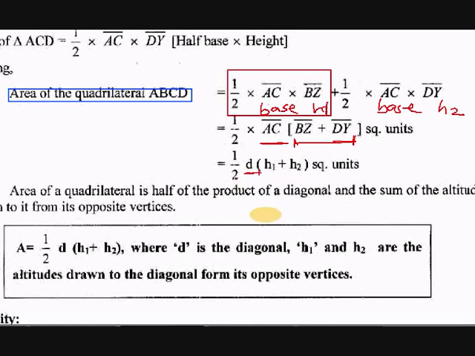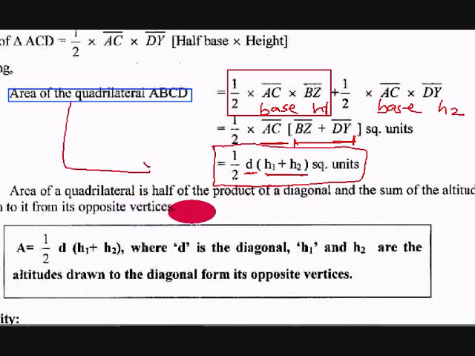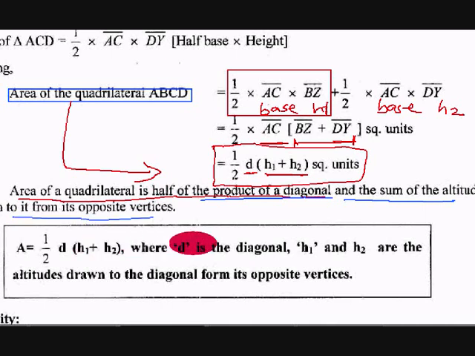D is the length of the base, H1 plus H2 is the two heights, square units. This is the formula we arrive at in finding the area of the quadrilateral. So the area of a quadrilateral is half of the product of the diagonal and the sum of the altitudes to it from its opposite vertices.